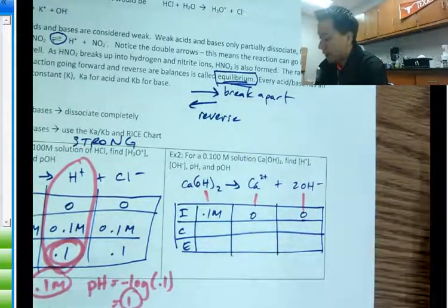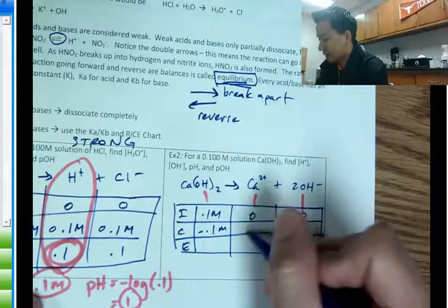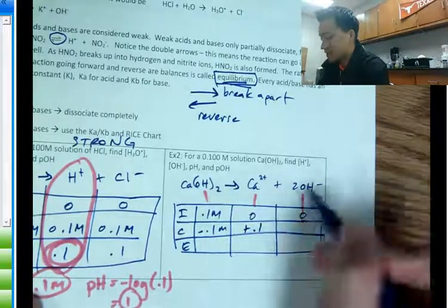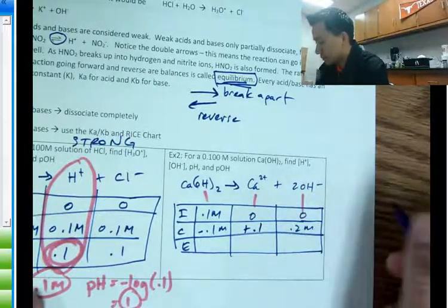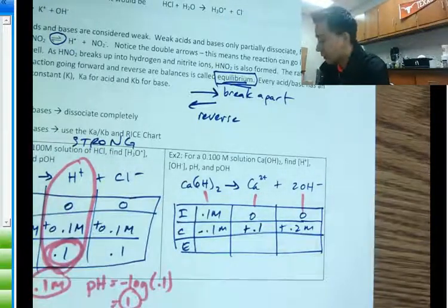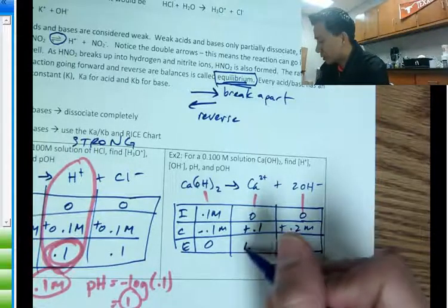And then the change: it dissociates completely, so it's minus 0.1 molar. Ca is plus 0.1. Notice it breaks up into 2 OHs, so we have to double that, so it's 0.2 molar of OH. Sorry, I forgot the plus signs over here. Now this goes to 0, this goes to 0.1 molar.